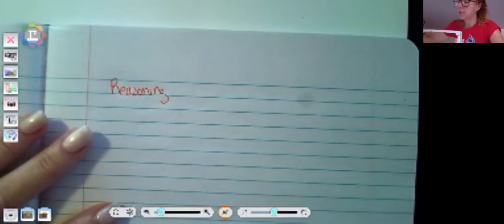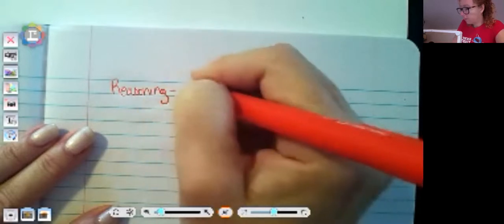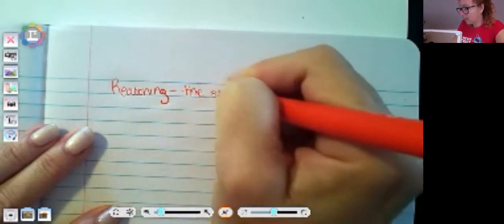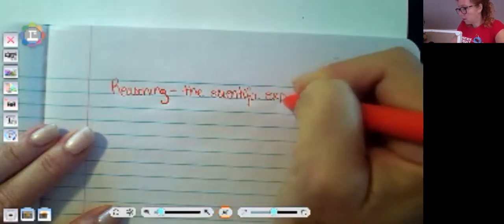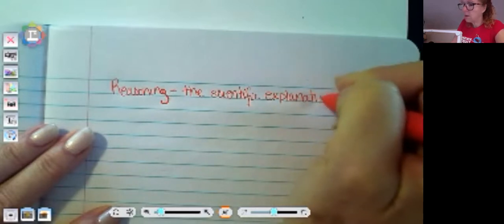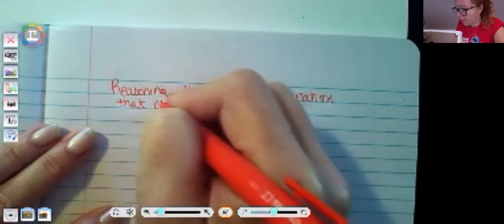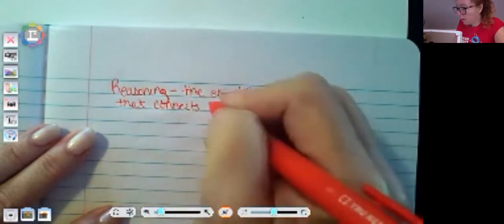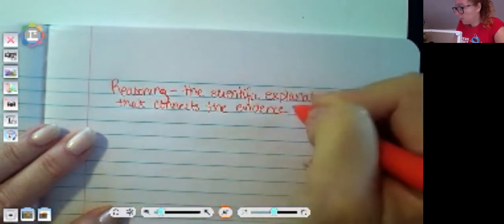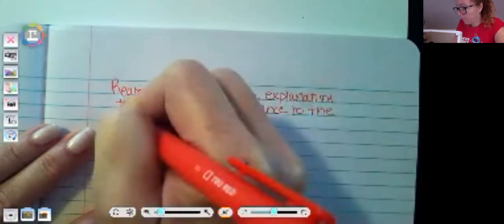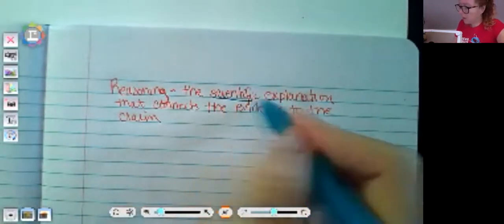Your reasoning is the scientific explanation that connects the evidence to the claim. Make sure it's a scientific explanation.